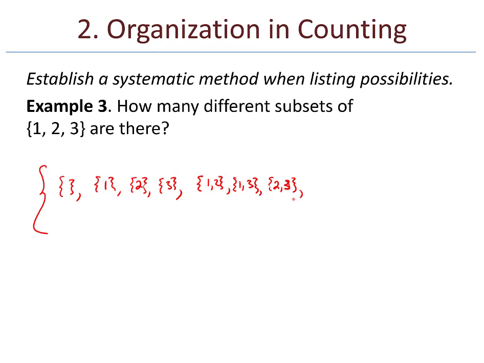And then the subsets that have 3 elements, well, there's only one of those. {1, 2, 3}. There we go. And so I've made all the different subsets there, so I can count them. 1, 2, 3, 4, 5, 6, 7, 8. There are 8 of those.